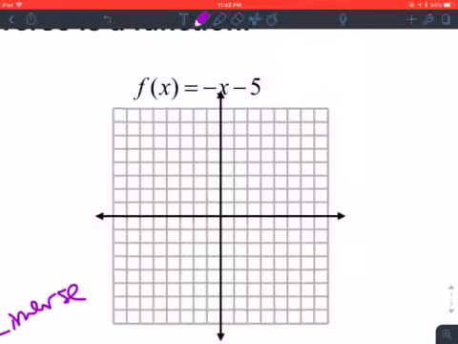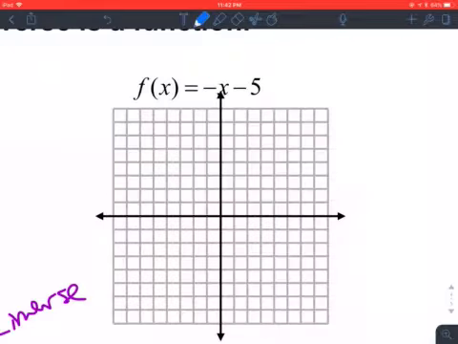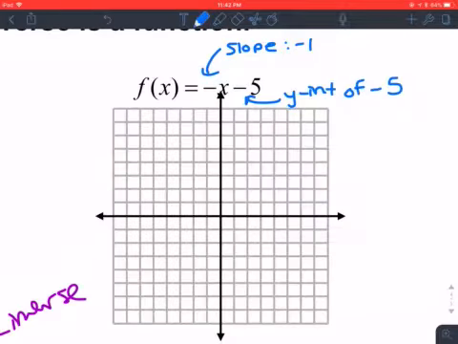Alright, and this last one is going to be a linear function with a slope of -1 and a y-intercept of -5. Or we could look at this as the parent function, y equals x, shifted down 5, and we have a reflection here.